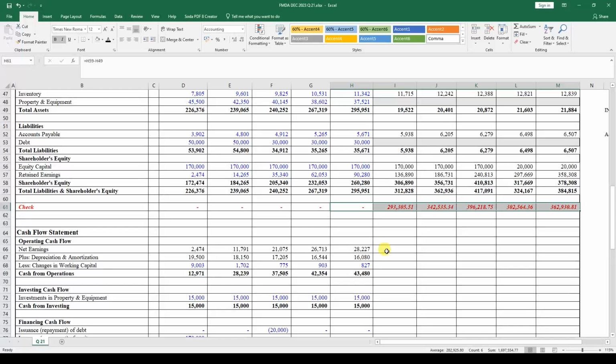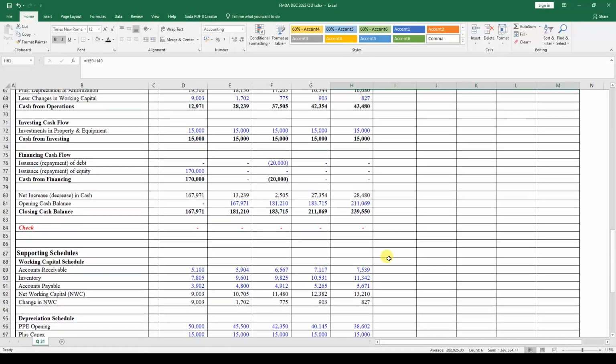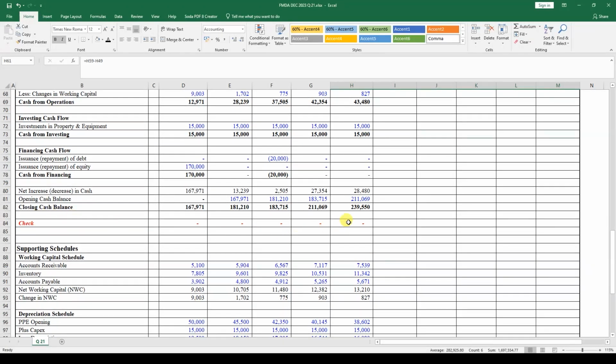Now, as far as the cash flow statement is concerned, we will first of all ignore it for now. We will be able to also do a check for the cash flow statement and write down over here to determine if we are actually cooking figures or not.